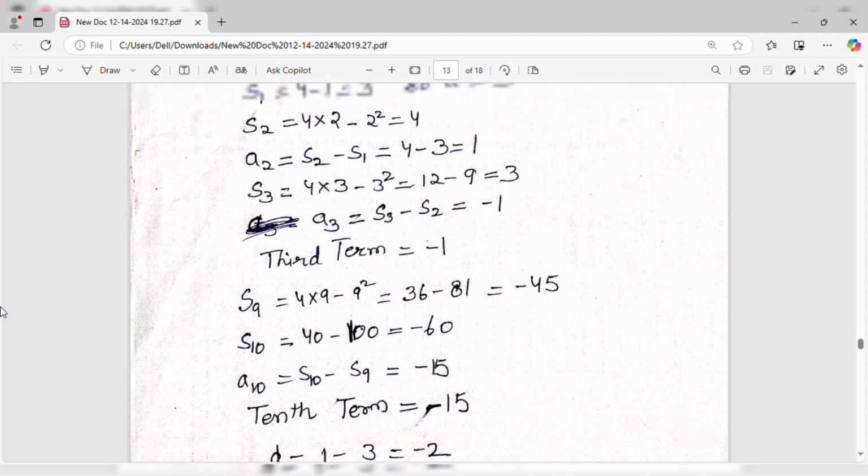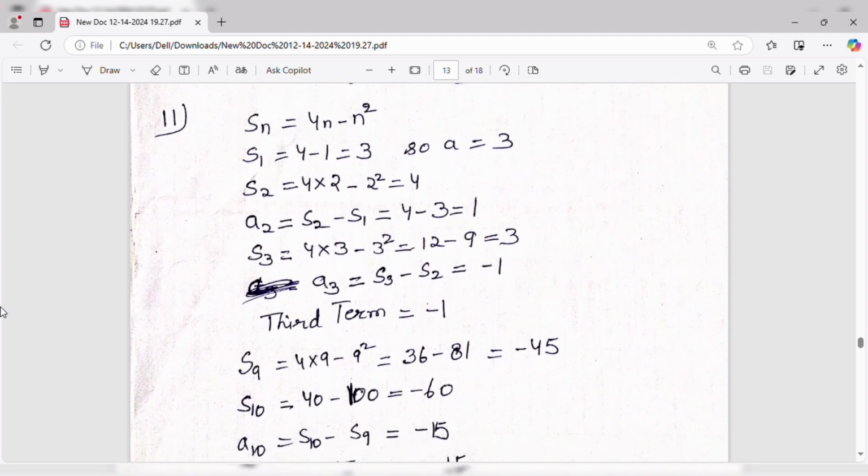In question number 11, this question is also very important from the examination point of view. In this question, Sn is given as 4n minus n square. We will find S1, S2, S3 as per the previous rule by applying n as 1, 2 and 3. After subtracting S2 and S1, we will get the second term of the AP, which is 1, and from S1 we will get the first term of the AP, which would be 3 in this case.